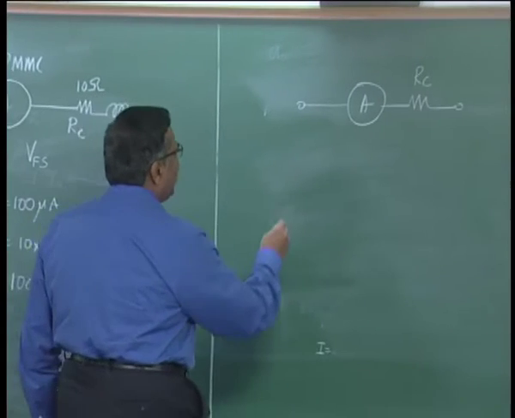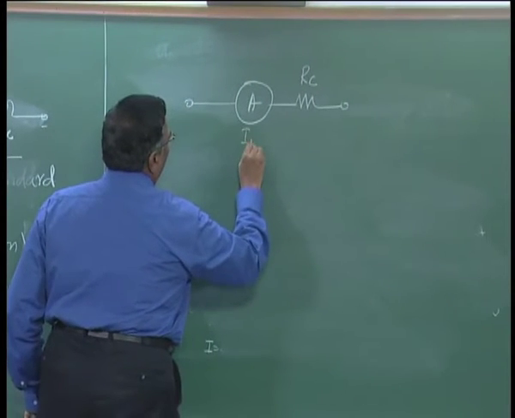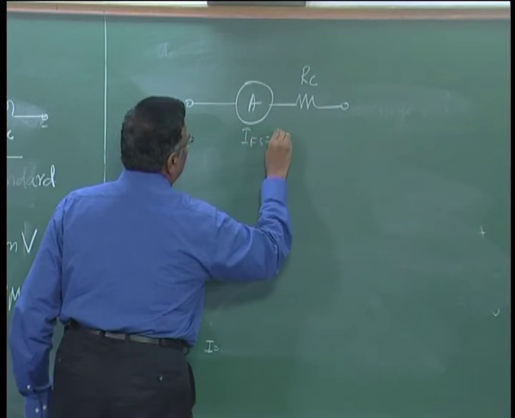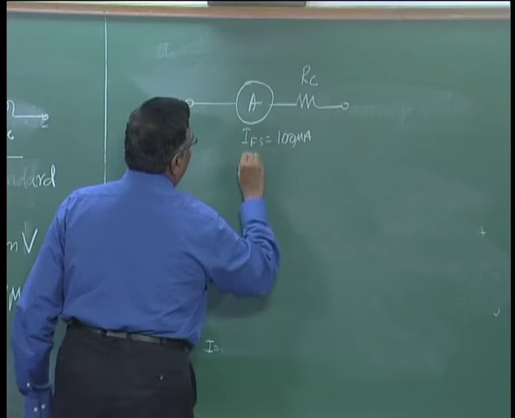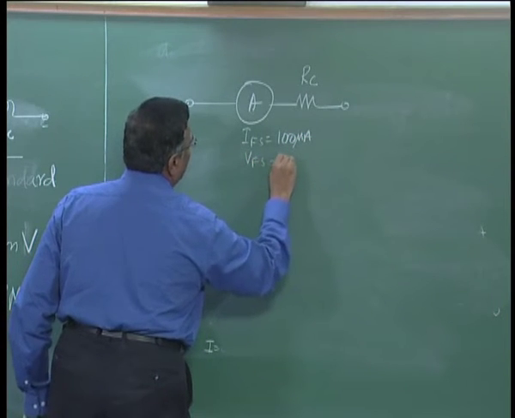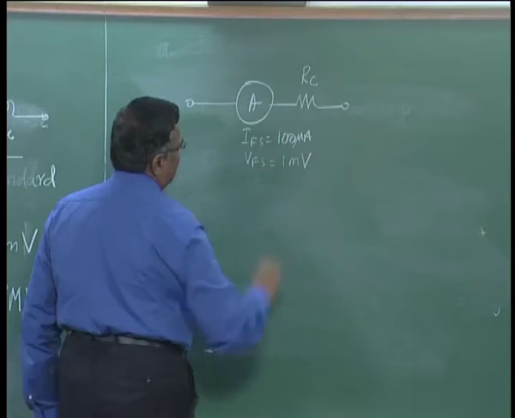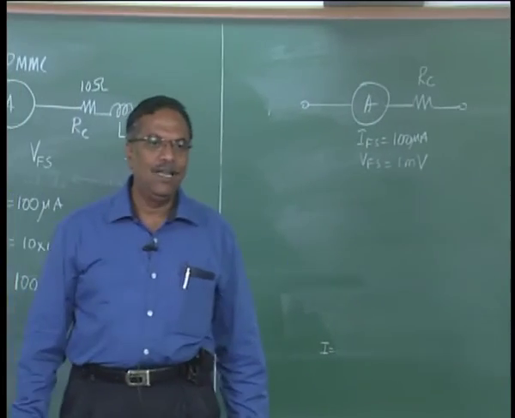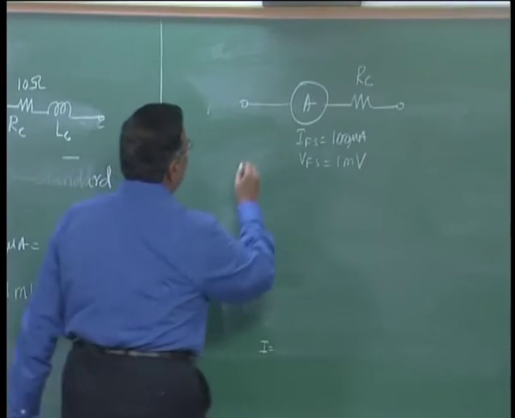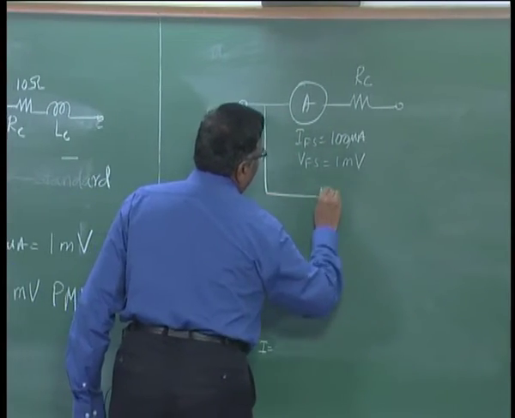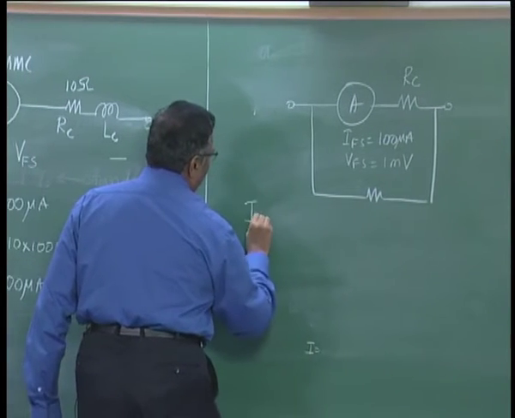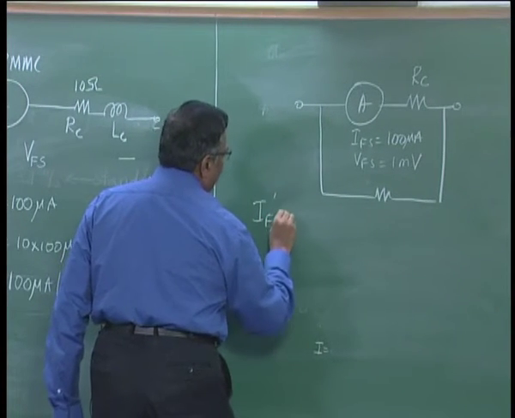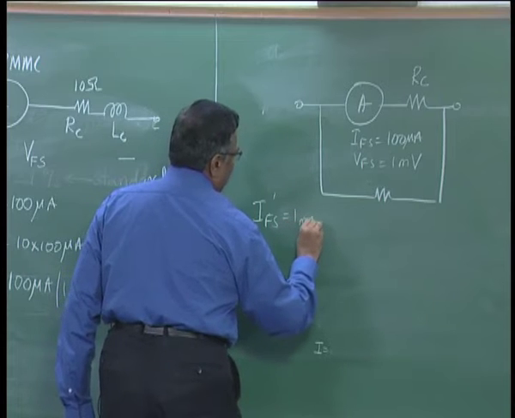So I full scale is equal to 100 microamperes, and V full scale is equal to 1 millivolt, that is what we decided. Now I want to convert this into a full scale of 1 milliampere. I want I full scale dash to be 1 milliampere.